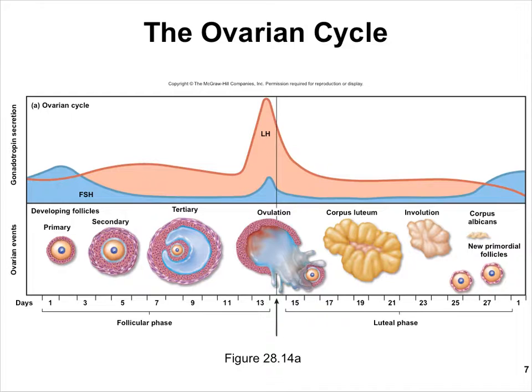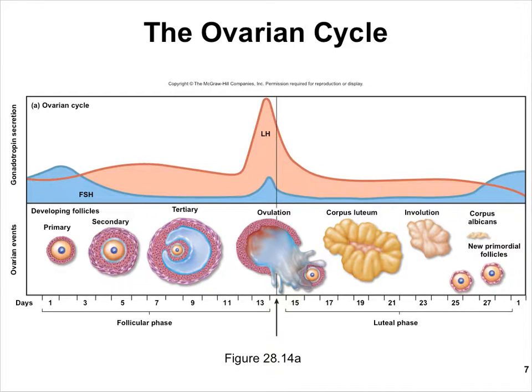But as this goes on, estradiol continues to increase, and estradiol inhibits the secretion of gonadotropin-releasing hormone by the hypothalamus through negative feedback.